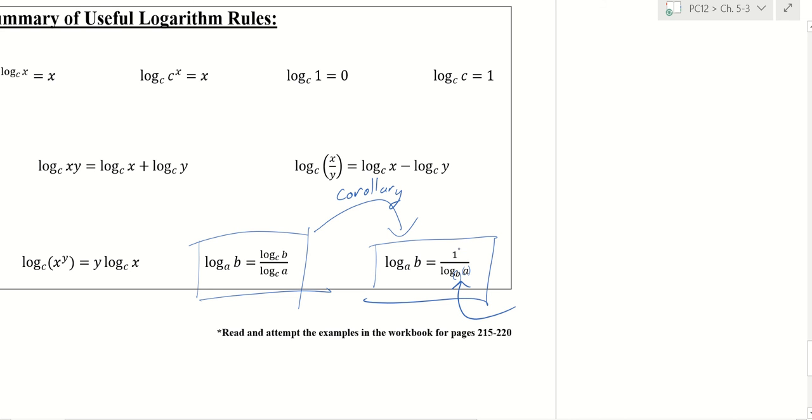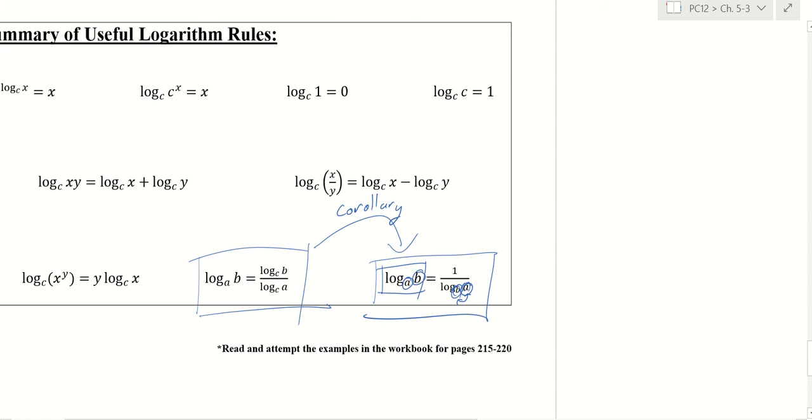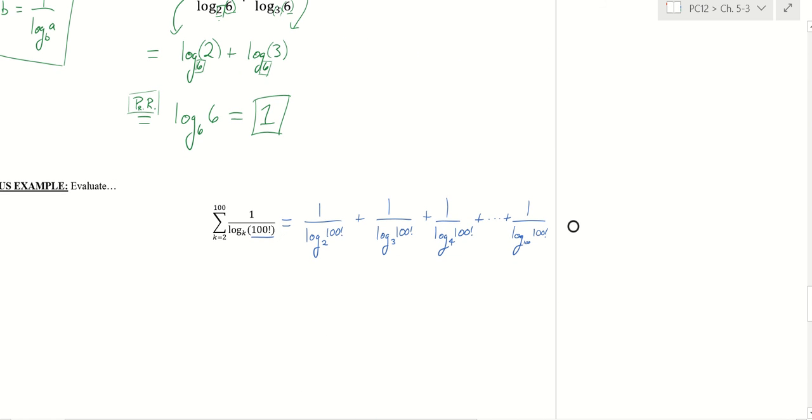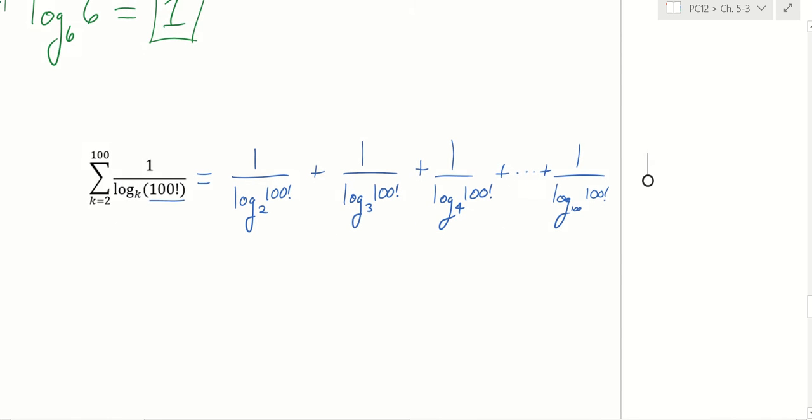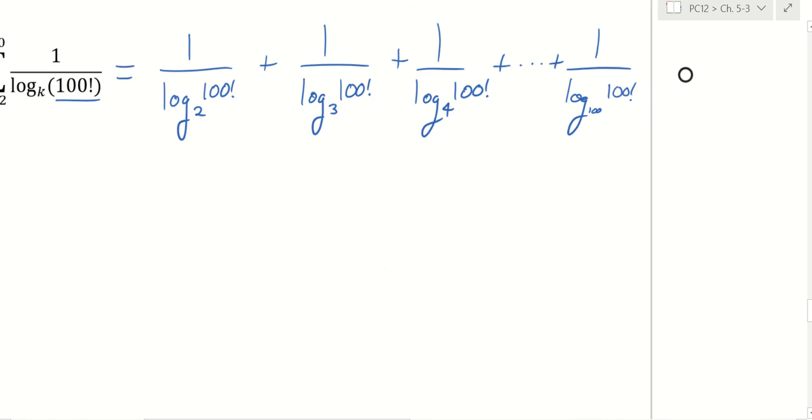So if we have 1 over log base b of a, we can just write that as a logarithm without a fractional component, as long as we swap the base and the input. Right? We swap b and a. So previously b was the base, now a is the base. Previously a was the input, now b is the input. So we can apply that rule, that property of logarithms, to this particular expression for every single term, actually.